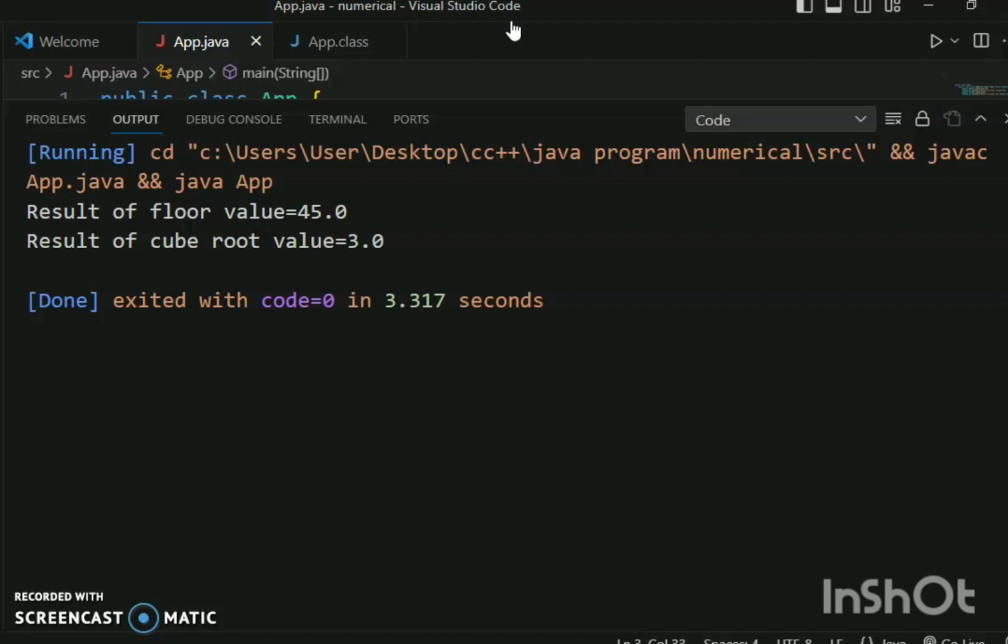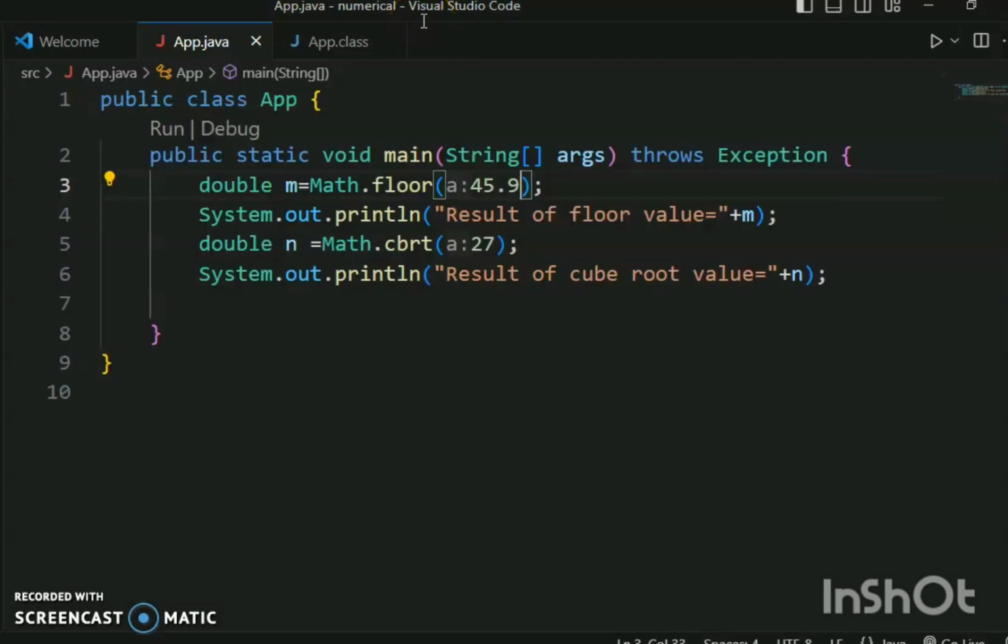Now friends, I just discussed what the Math library is. So the next library function is Math.random. Okay, so I have to change this portion with a loop.